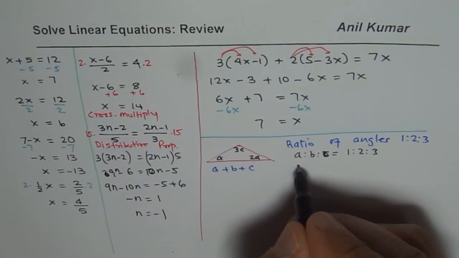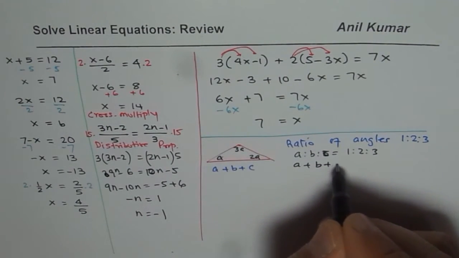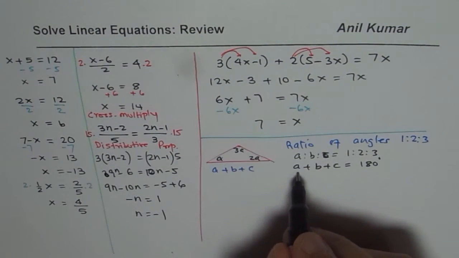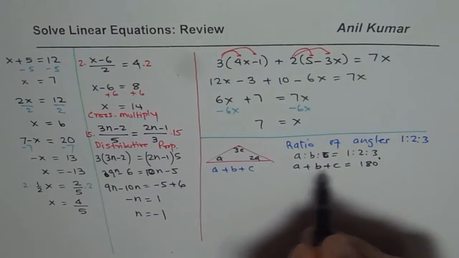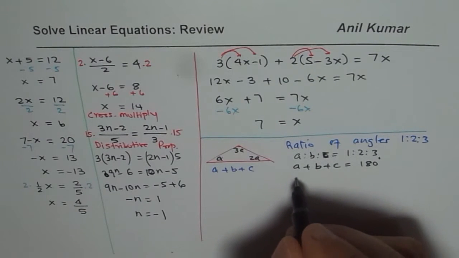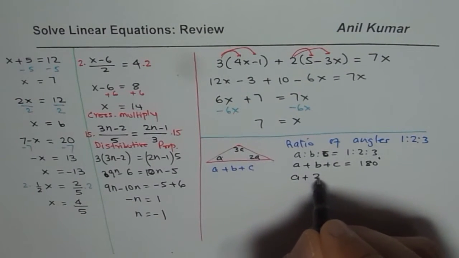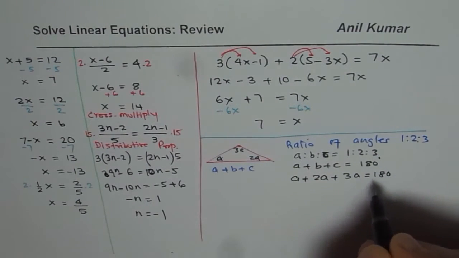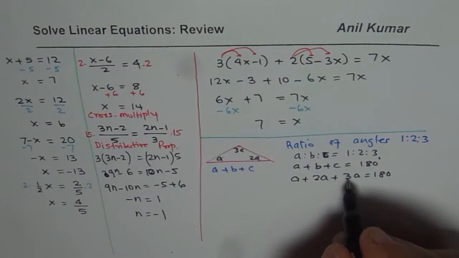But we know A plus B plus C equals 180 degrees. Since the B angle is 2A and the C angle is 3A, I could write this as A plus 2A plus 3A equals 180 degrees.